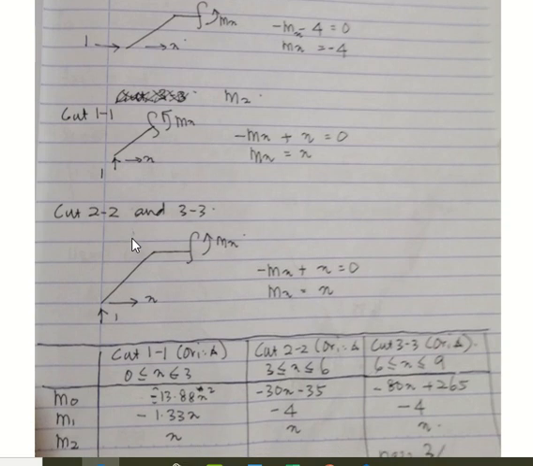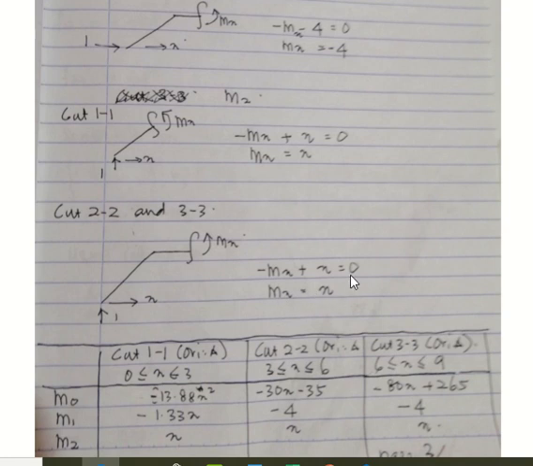For cutting number 2 and number 3, you do the cutting here and 1 point load here. Clockwise moment as a positive value, so minus mx plus x. How to get this x? 1 multiplied by this distance x. So mx equal to x.